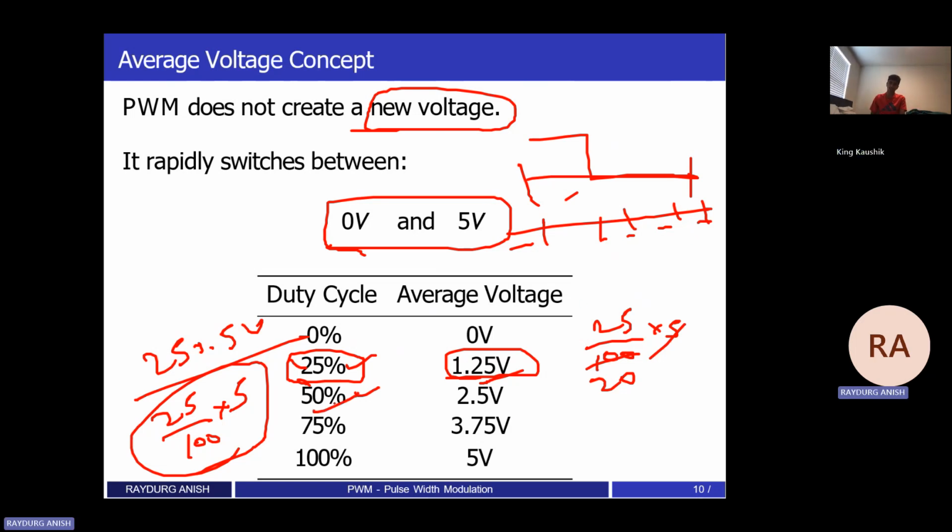Similarly, if it's 50%, the average value will be 2.5, for 75% it's 3.75, and for 100% it's 5 volts.